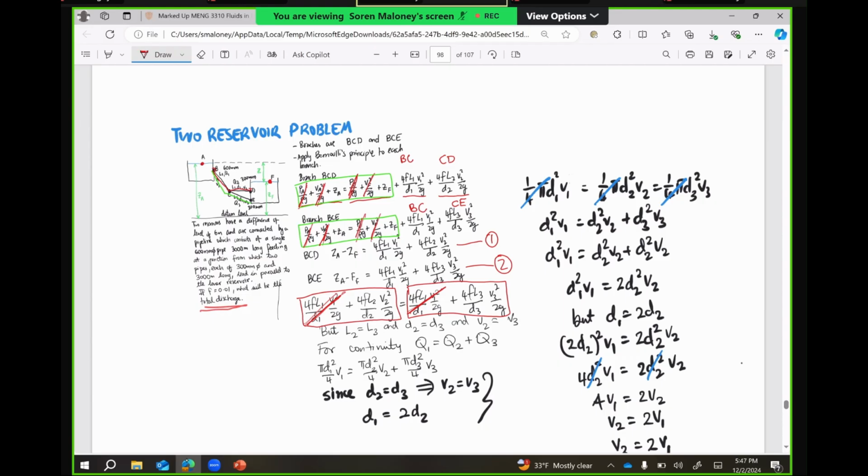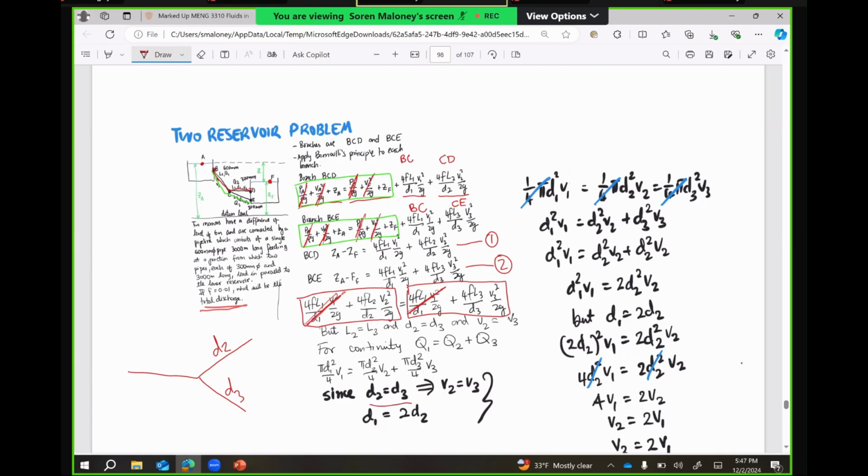Remember, this large pipe is splitting into two pipes that are basically the same length and the same diameter. Basically, these two diameters, D2 and D3, are the same. So the velocity will split equally. So V2 and V3 would be the same. I know that V2 will be equal to V3 because D2 is equal to D3. This is why I'm writing this here.